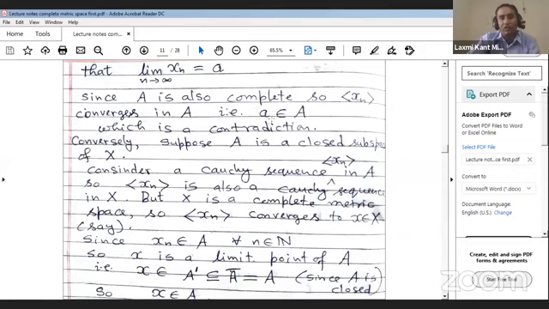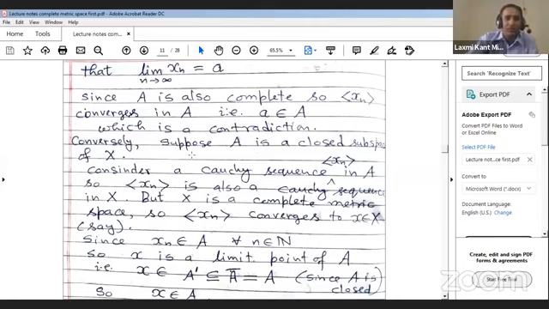What is the contradiction? Since we have already assumed that a is a member of the closure of A, but not inside A. This is the contradiction, so this case cannot happen. Hence, A closure is equal to A, and so A is closed.